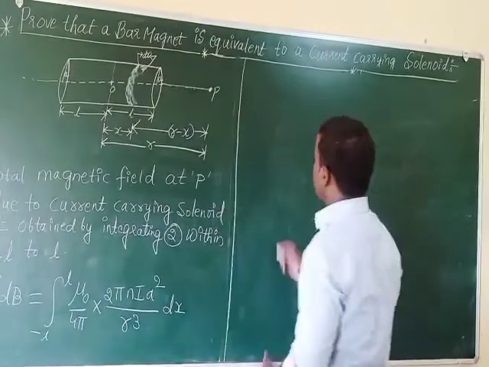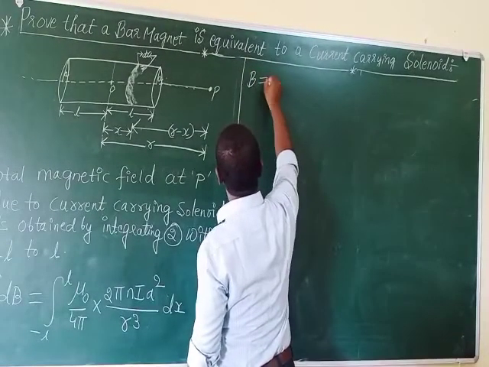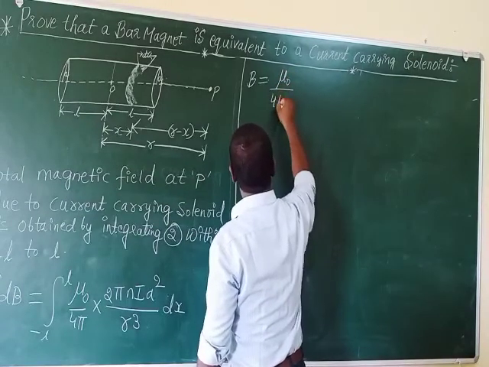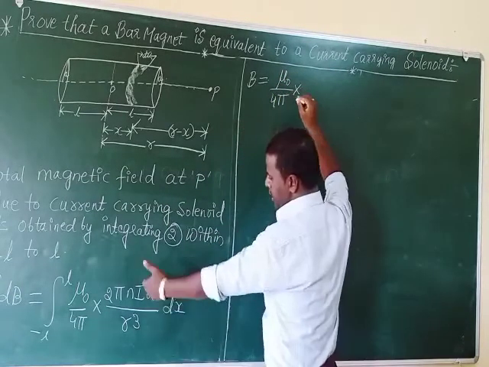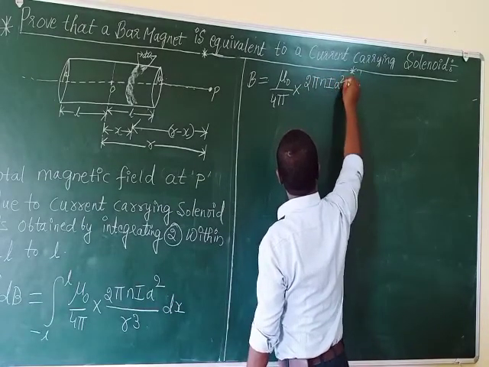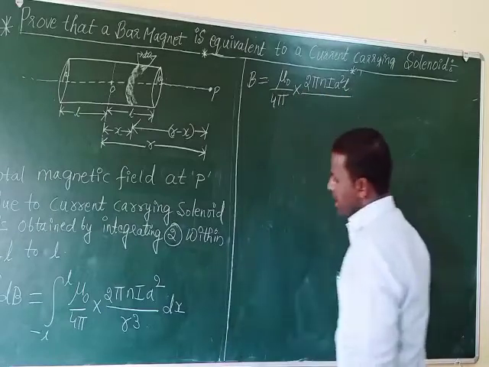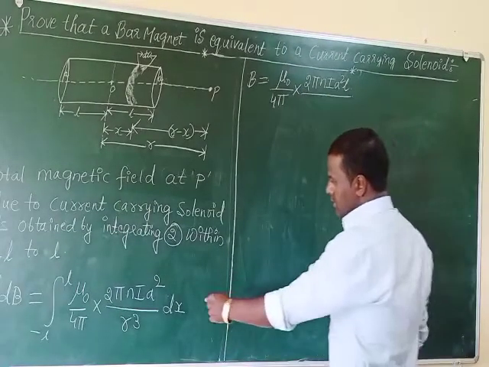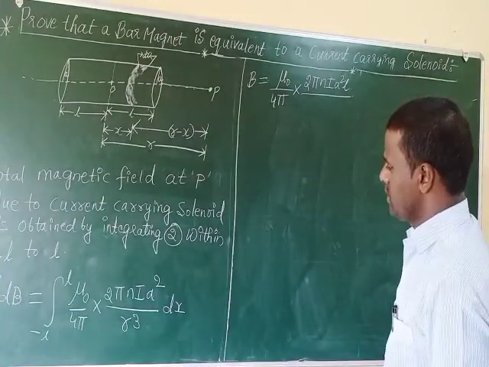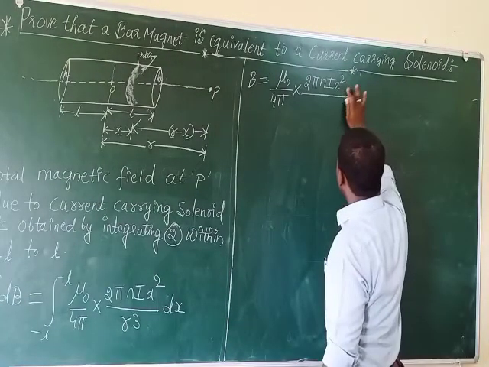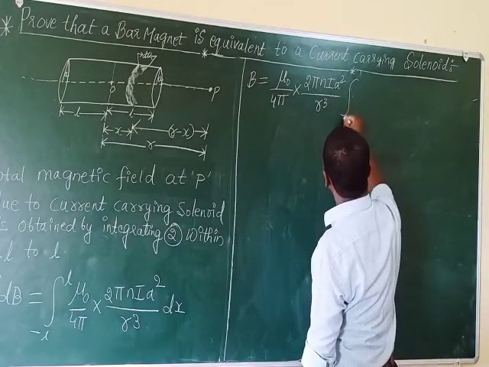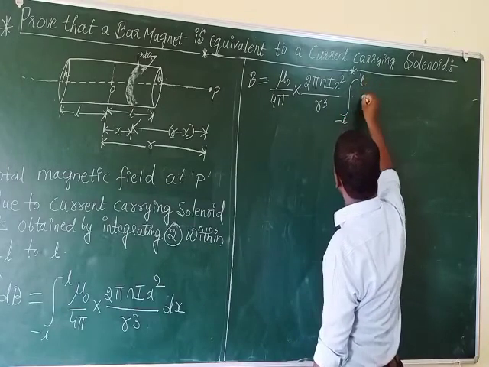Next, integration of dB. Here, mu naught by 4 pi into 2 pi n I a square divided by r cube into the integration from minus L to plus L of dx.